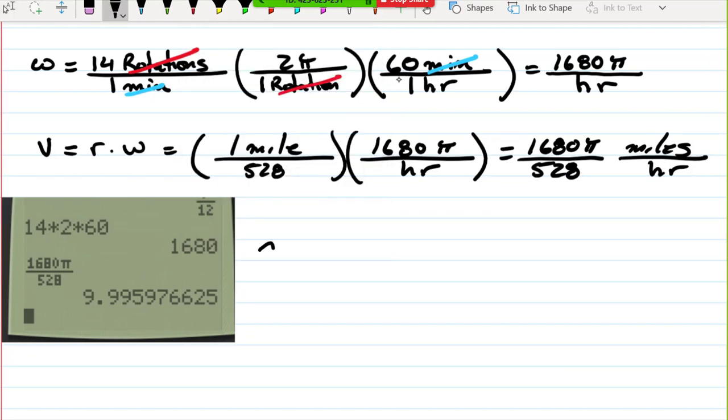So then the linear speed of the river, V, would be approximately 10 miles per hour, because it's 9.9959, so I'm going to round that to about 10 miles per hour.